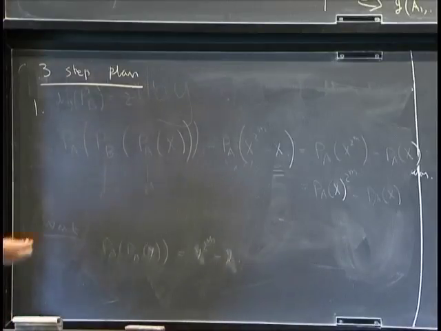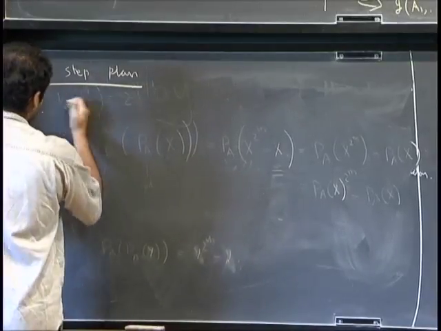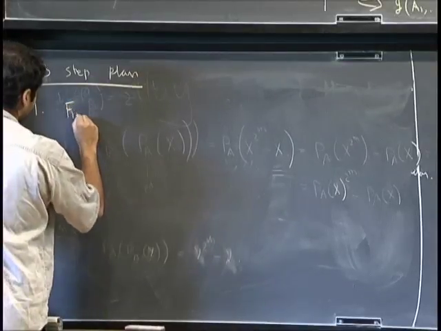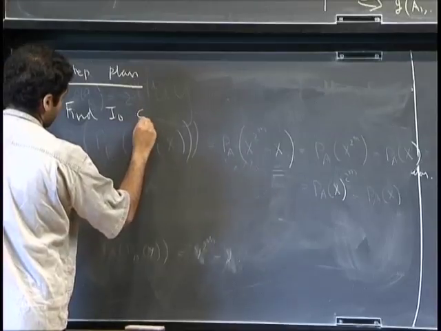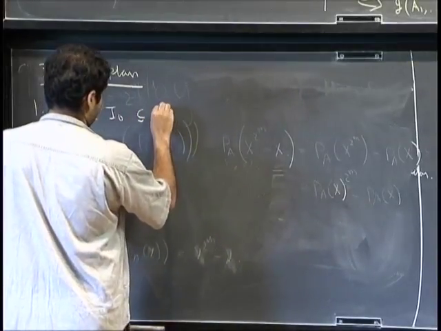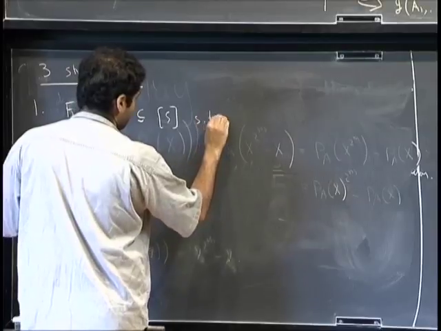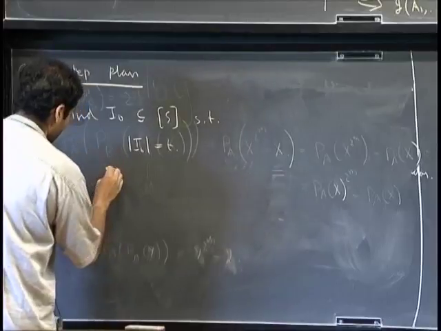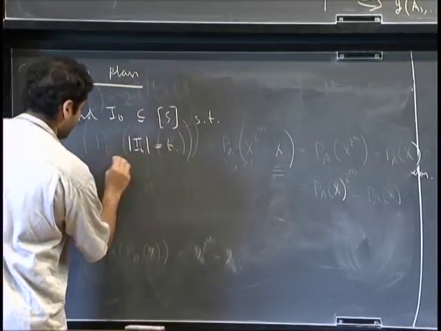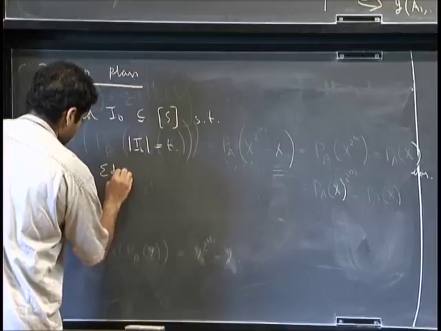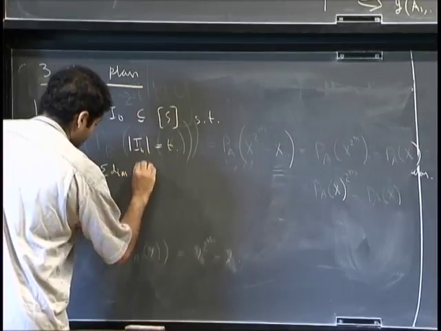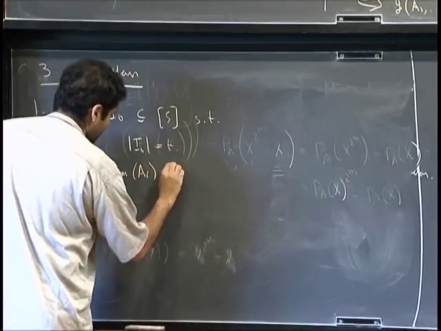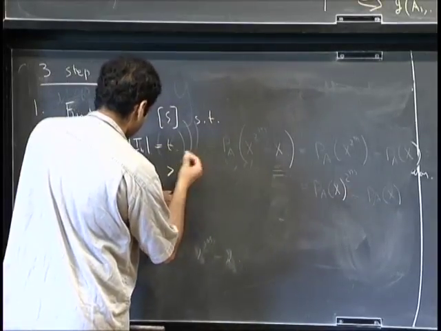First we'll find an I_0 inside S such that the size of I_0 is equal to t, and the sum of the dimensions of A_i for i in I_0 is big.